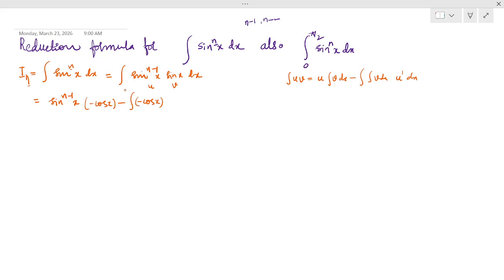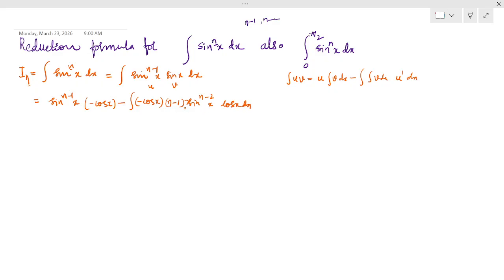And differentiation of sin raised to n minus 1 x is n minus 1 into sin raised to n minus 2 x into dx. Again we have to apply the chain rule here. Again, differentiation of sin x is cos x.